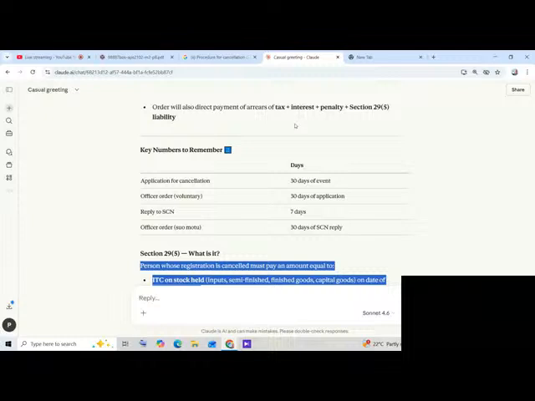If GST registration proceedings were initiated because of non-filing of returns and the registered person subsequently receives a show cause notice, then only in that case he can get away without filing a reply to the show cause notice within 7 days, just by filing all the pending returns, and the proceedings against him will be dropped, provided he has paid all the tax dues along with the applicable interest, late fee, etc.